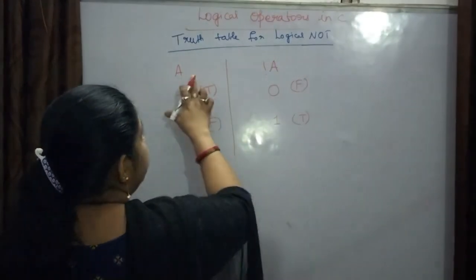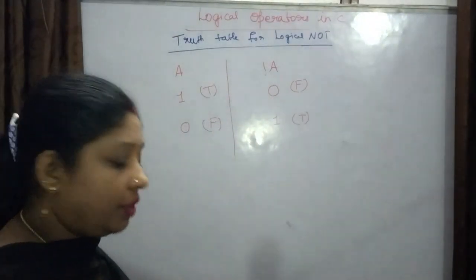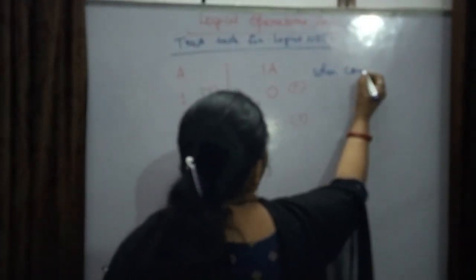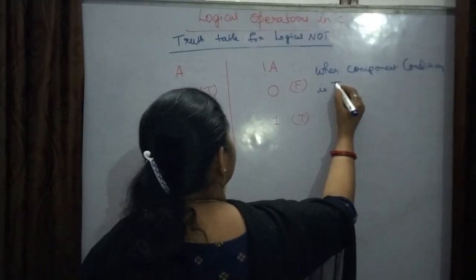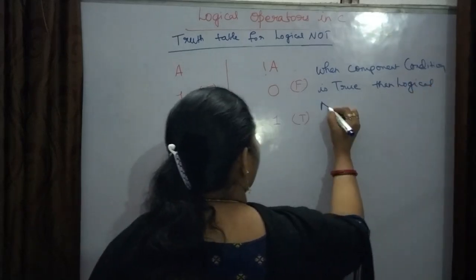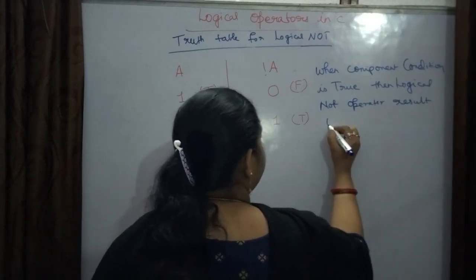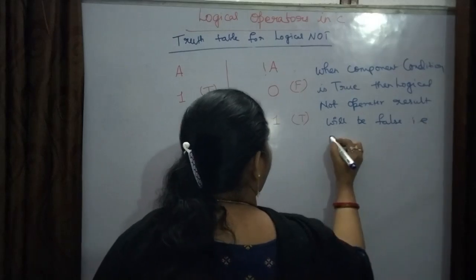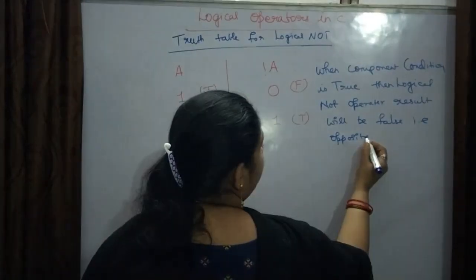So when the component condition is true, then the logical not operator result will be the opposite, that is false.